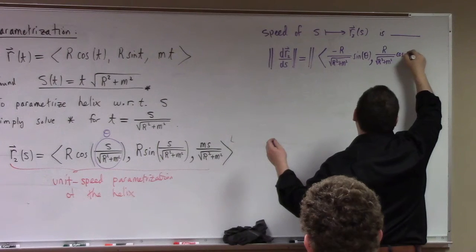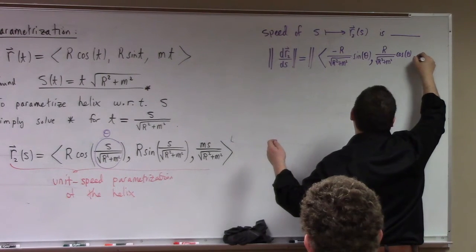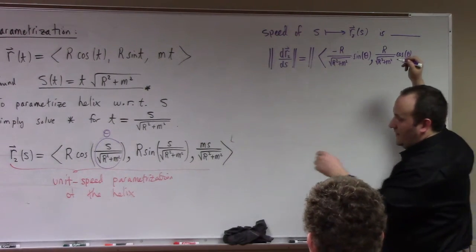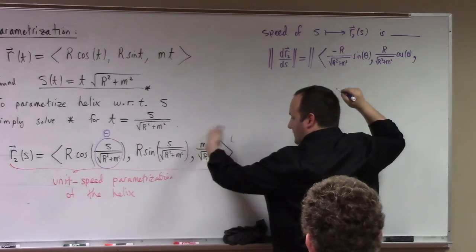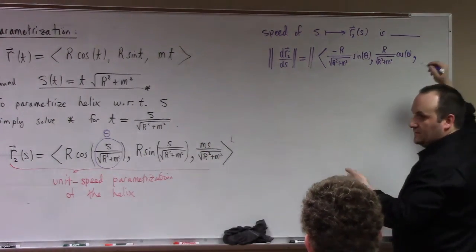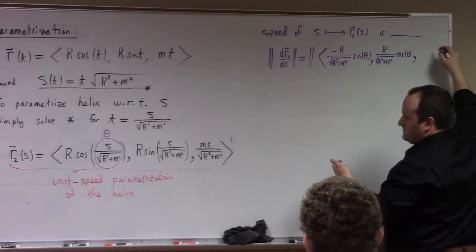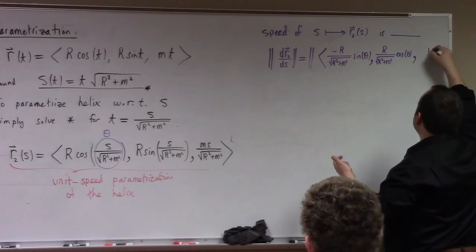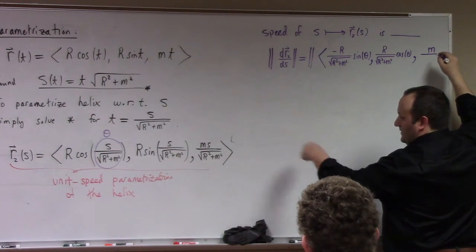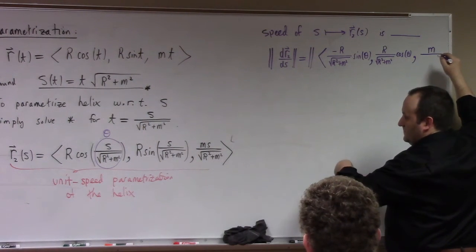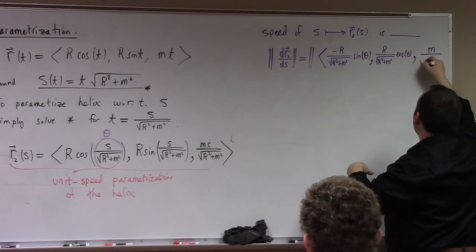The inside's still theta. How about this last thing? When we differentiate the z component of the unit speed helix with respect to s, what does that give us? m and r are constants. What happens? We just get m divided by the square root, right?